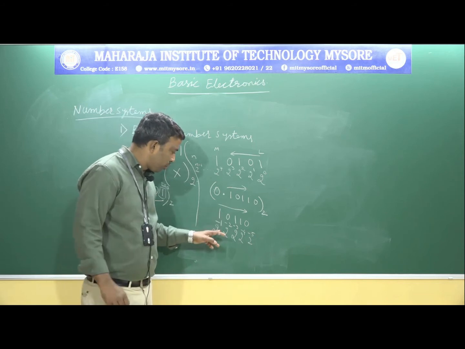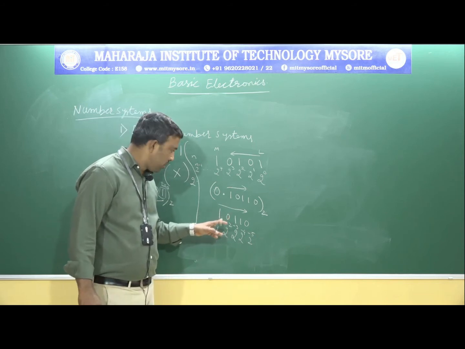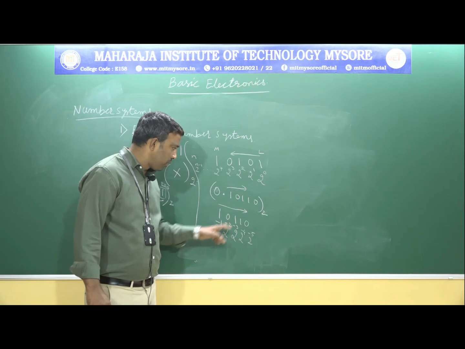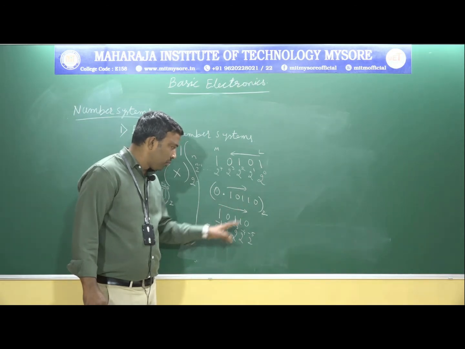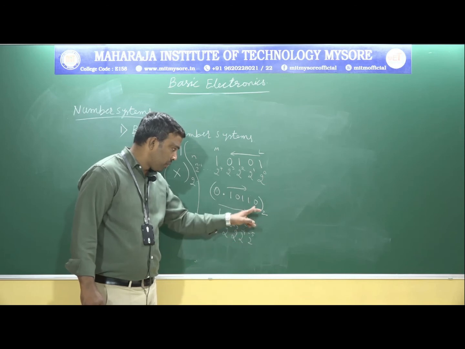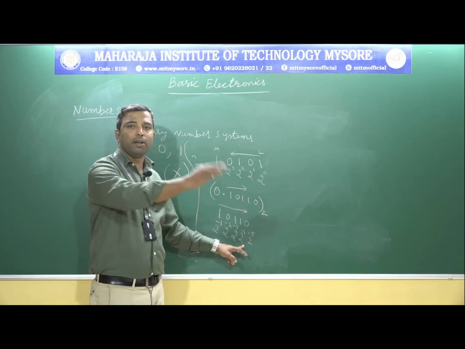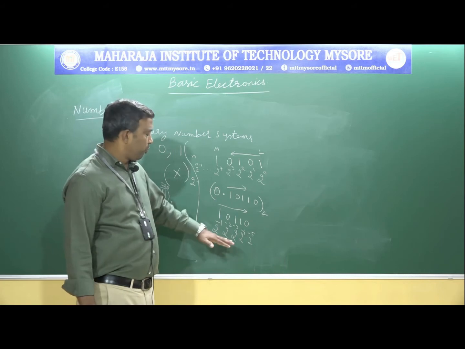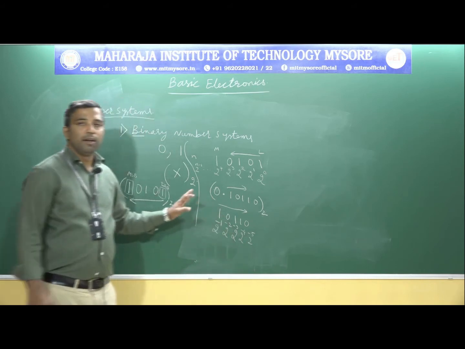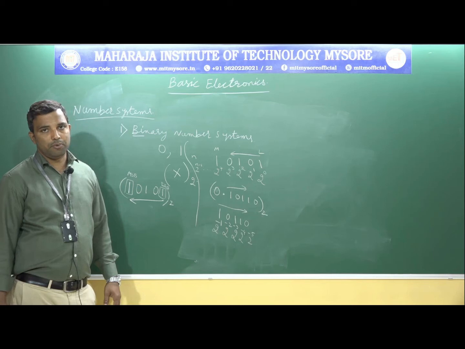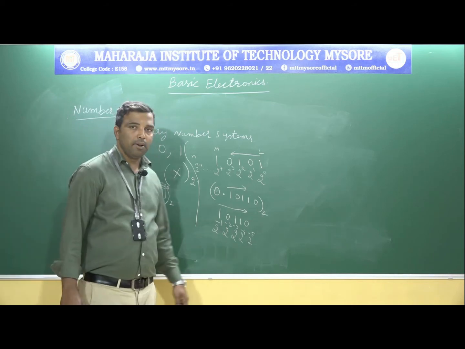So this positional value is 2 power minus 1, this is 2 power minus 2, this is 2 power minus 3, this 2 power minus 4, this 2 power minus 5, etc. This is the positional value of the binary number system. This is the basic thing.